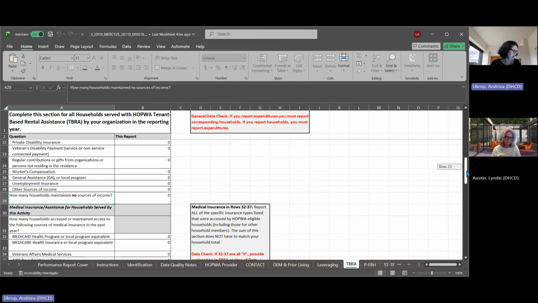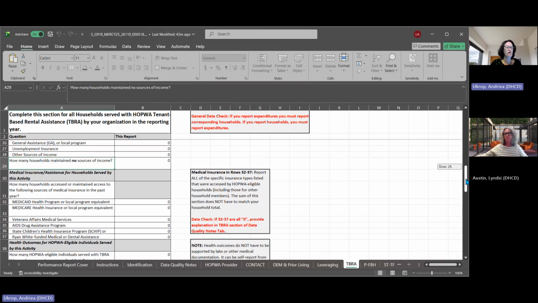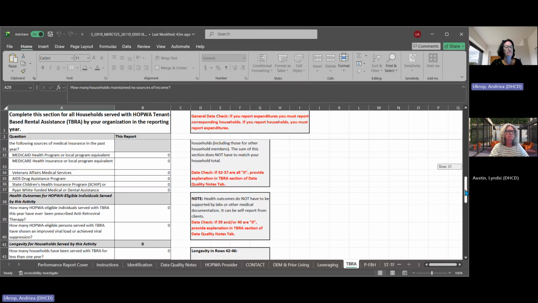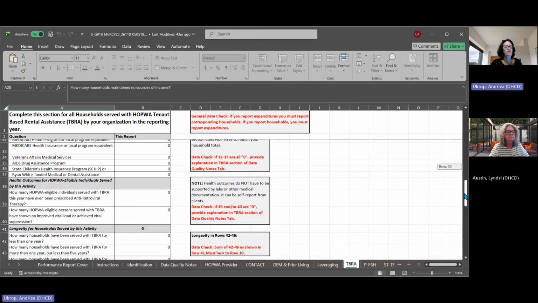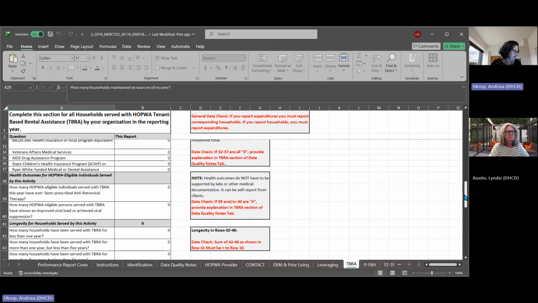We are going to now look at row 39 and 40. So these are the outcomes. So it does not have to equal the individual total. However, if you are reporting 0 on either of these rows, then you will need to provide an explanation back on the data quality tab that we mentioned before under the TBRA section.